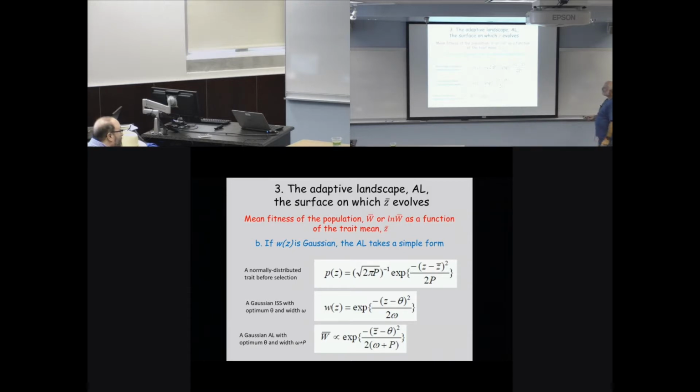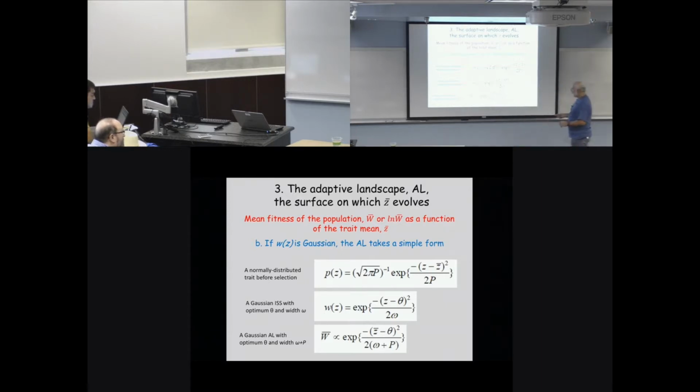So here's the result we're relying on. I'm not going to go through any derivations, but you can figure them out for yourself. Here's the equation for a normal distribution. You can see it's an exponential of negative squared terms, with the variance before selection playing this role. If we look at a Gaussian selection surface with an optimum at theta, and I'm going to draw this for you in a minute, and a width parameter omega, this is what Adam was alluding to yesterday.